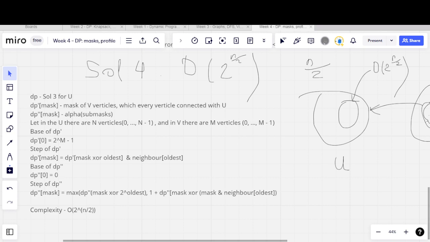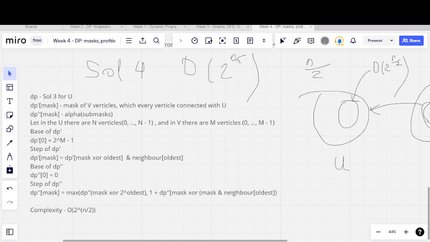In these solutions we consider only small graphs, less than 64, but even less, I think 20 vertices. No, 60, no, 32 is normal.